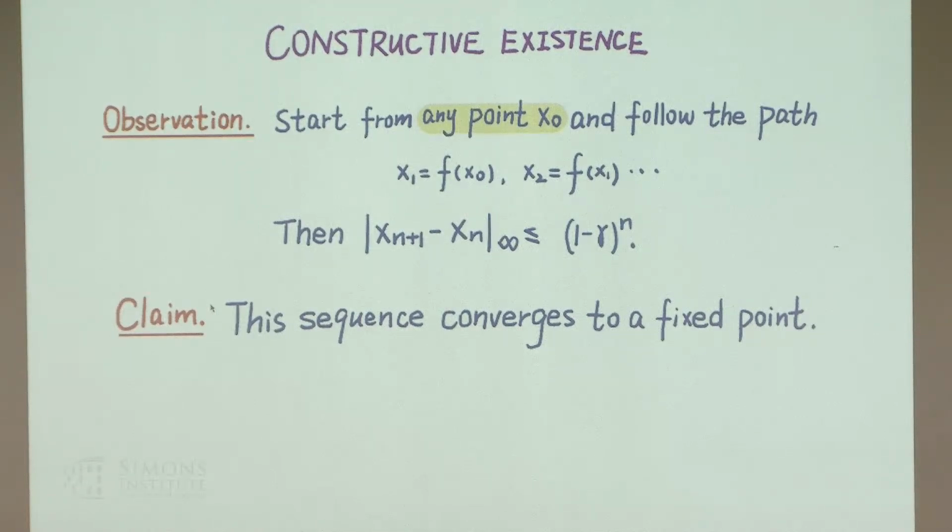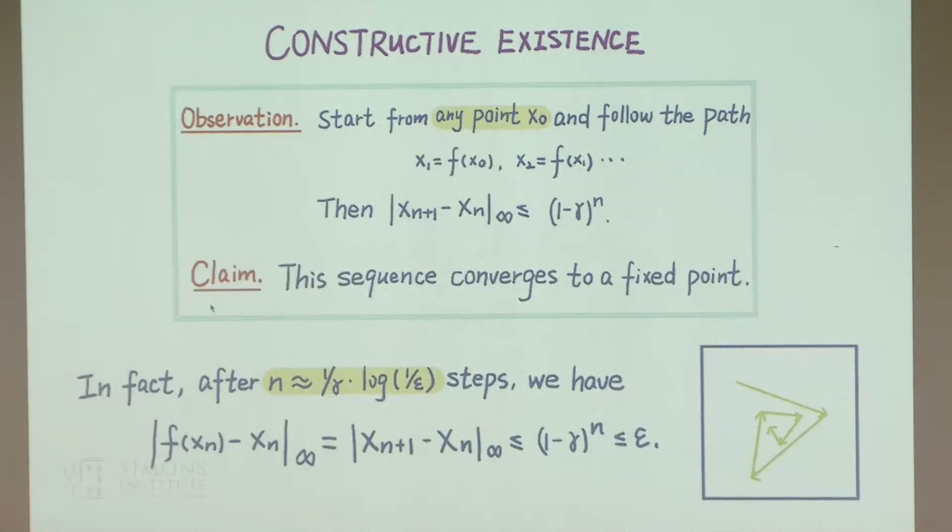Then it's easy to show that the distance between x(n+1) and x(n) is at most (1 minus gamma) to the n. So the claim is that this sequence, starting from any point, converges to a fixed point. In fact, if you take the number of steps n to be roughly log 1 over gamma times log 1 over epsilon, then we can find an epsilon-approximate fixed point as we want.